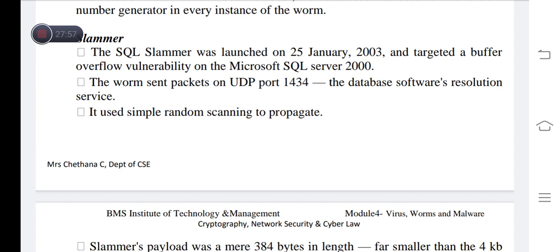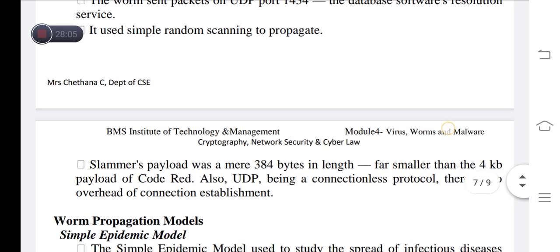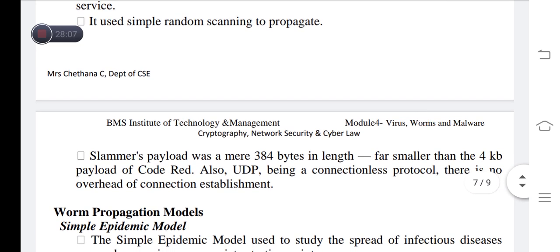It used a simple random scanning method to propagate the worm, and the payload of Slammer was about 384 bytes in length, far smaller than the 4 KB payload of Code Red. Also since Slammer makes use of UDP, a connectionless protocol, there is no overhead of connection establishment.